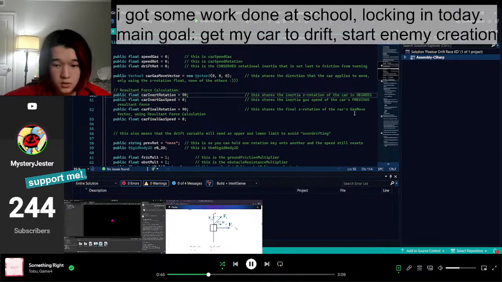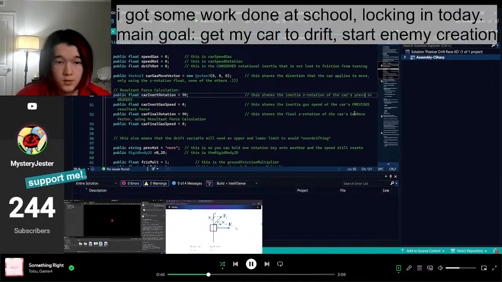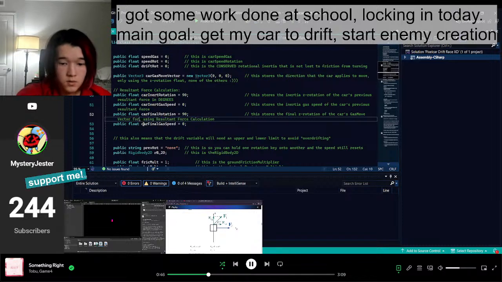Of the car's previous resultant force. So the final, the rotation of the car's gas vector for the new resultant force.